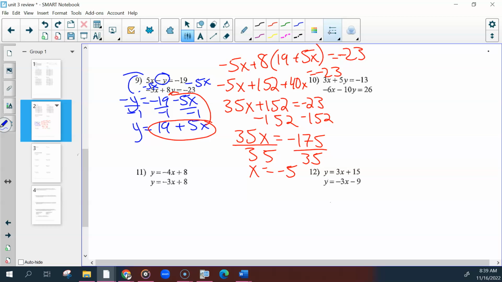So once you find x, you're going to put that back into one of your equations and solve for y. And then figure out what that is. So 19 minus 25.